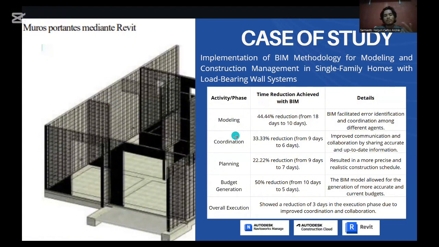For example, in modeling, coordination, planning, and budget, and the overall execution show a reduction of 3 days in the execution phase due to the improved coordination and collaboration. In detail, there is easier error identification and coordination among the different agents.